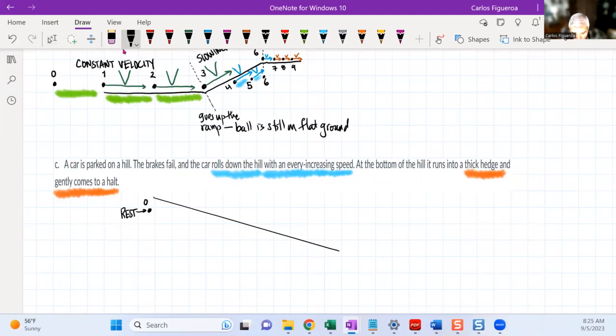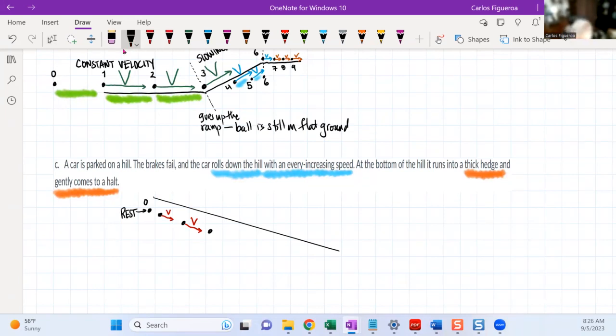Now the car starts to accelerate. So then I'm seeing my dot, then I'm seeing another dot, and then I'm seeing even a larger interval here. Now, as I'm looking at this thing, what speeds am I seeing? Well, I'm seeing that my speed is increasing. So I'm seeing that my arrow is getting faster and faster and faster.